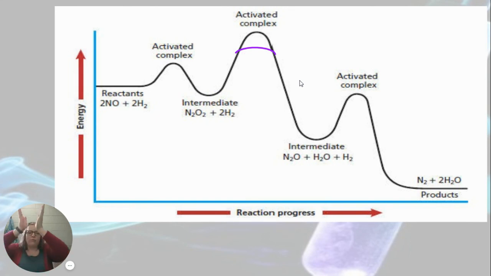If after I go through the construction, I have 8 lanes of traffic available afterwards, it's not going to matter because it's still going to take the slowest part to get people through the 2 lanes of traffic. So a catalyst is only really successful in speeding up a chemical reaction if it affects the slow step. If you add a catalyst and it participates in a process that's fast, it doesn't really do anything.